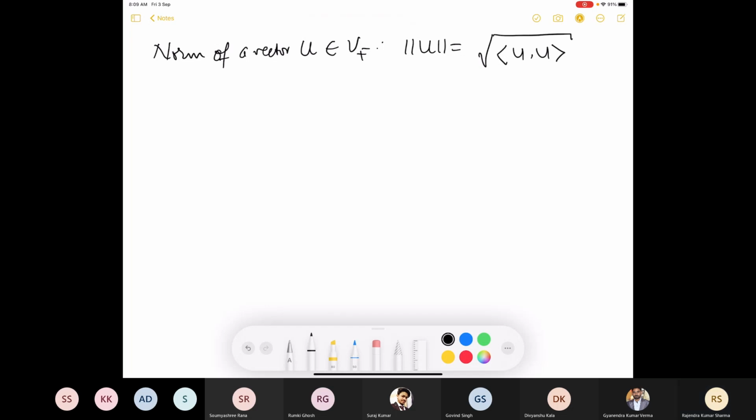So the properties of the norm. You can see that the norm of U is a non-negative real number, and this norm of U is 0 if and only if U is 0.